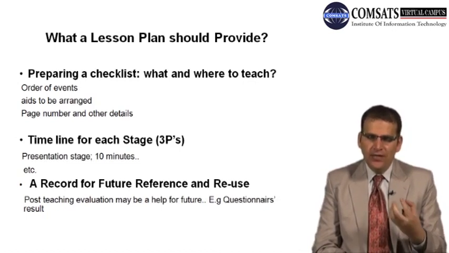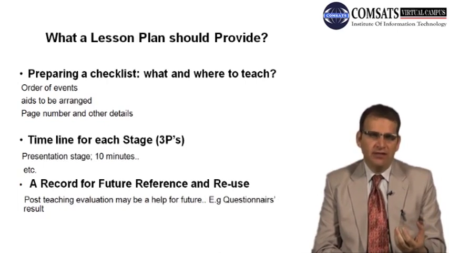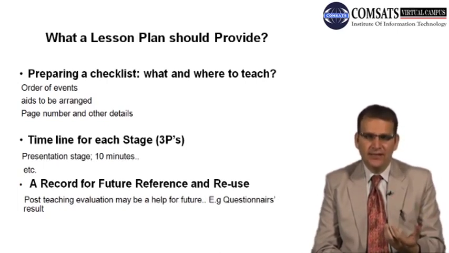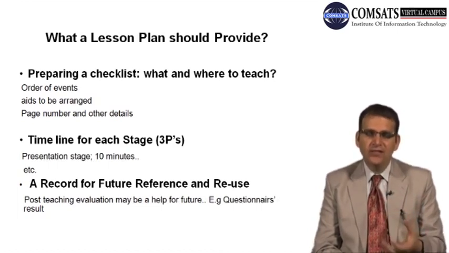Post-teaching evaluation may help for the future. For example, after having a lesson on negative sentences or complex sentences, you have an evaluation, the students give you feedback, and sometimes you realize the problems, the good points, the bad points, so you better take those points down.